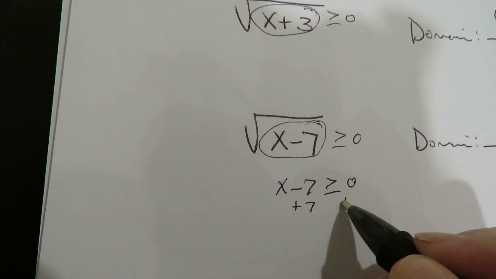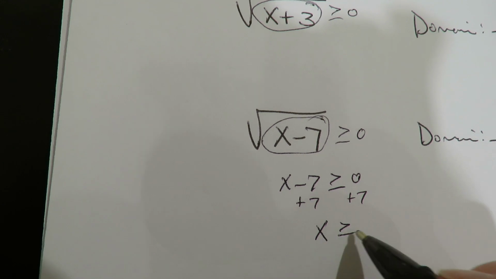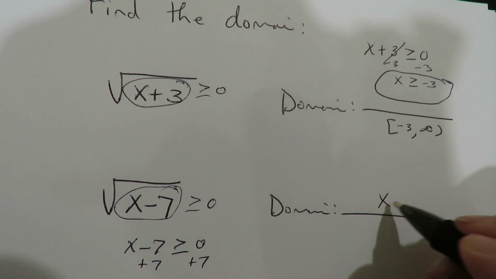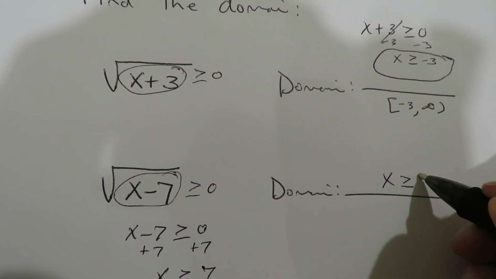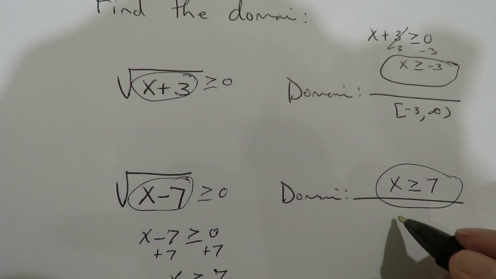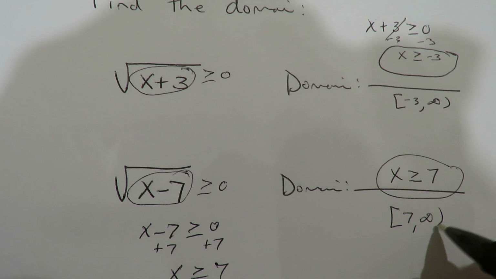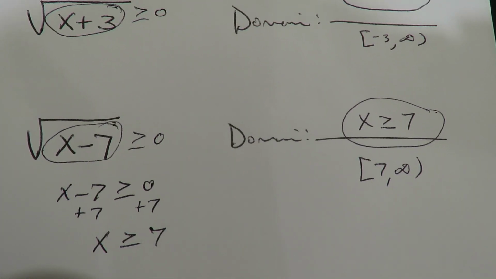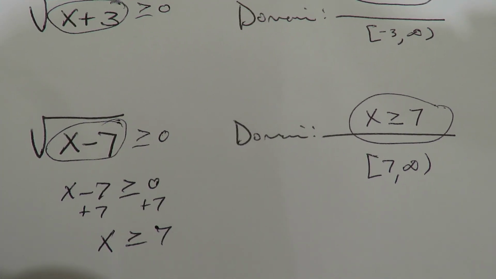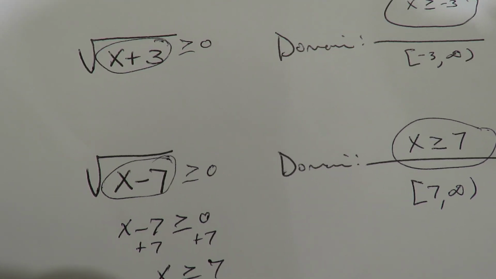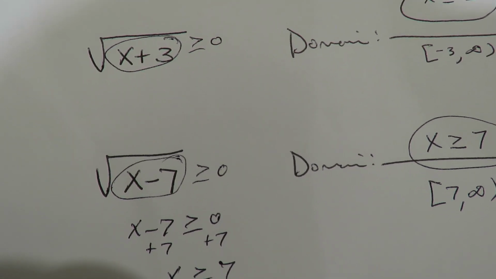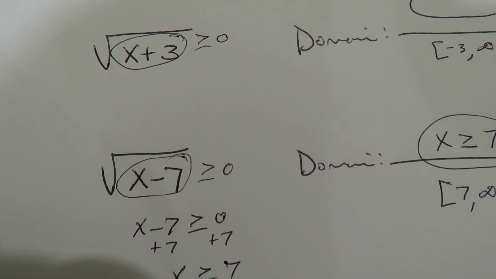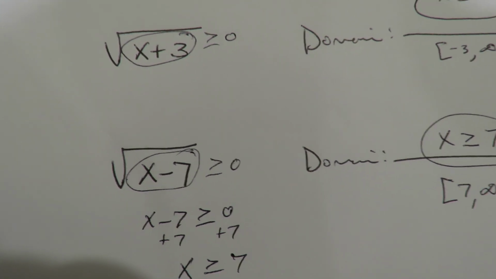Then I move the 7 to the other side. So x has to be greater than or equal to 7. So that's the domain of this one. X has to be greater than or equal to 7. And in fancy notation, in interval notation, it looks like that. They were both even indexes, so that's why they have the restriction of having to be 0 or higher under the radical.